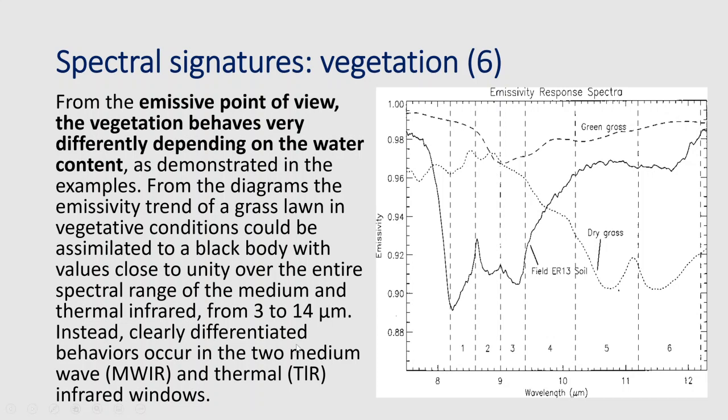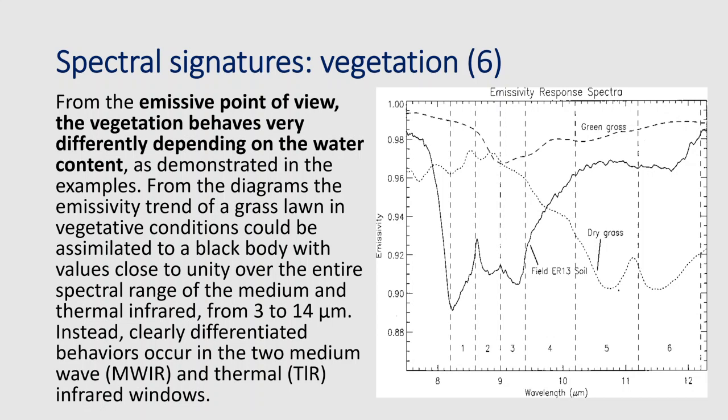Instead, clearly differentiated behaviors occur in two medium wave and thermal infrared windows. For example, if we have dry grass, with a very small percentage of water content, especially in the thermal infrared from 10 to 12 microns, the emissivity is lower than that of green grass with a larger amount of water.